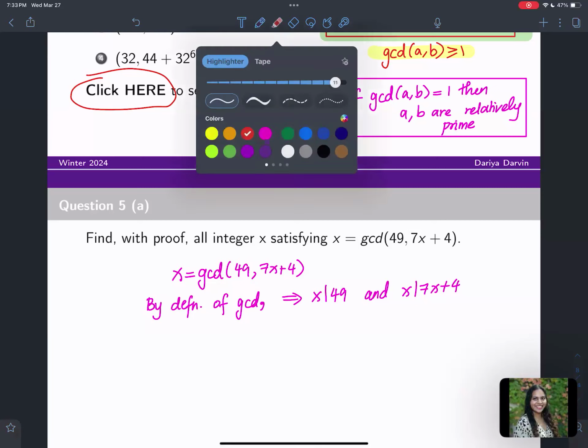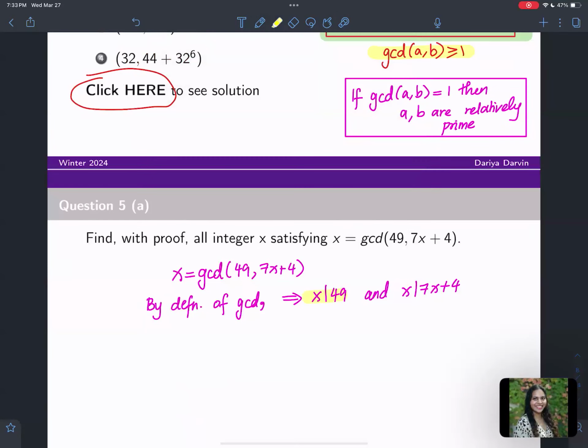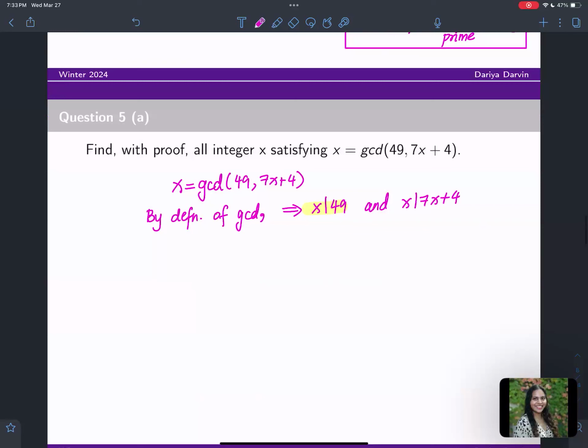Now, if x divides 49, what does that tell you? What can you tell me about x? It is less than or equal to 49 for sure. You can make an even stronger claim. Yes, it's either 1, 7, or 49, because those are the only numbers that divide 49.